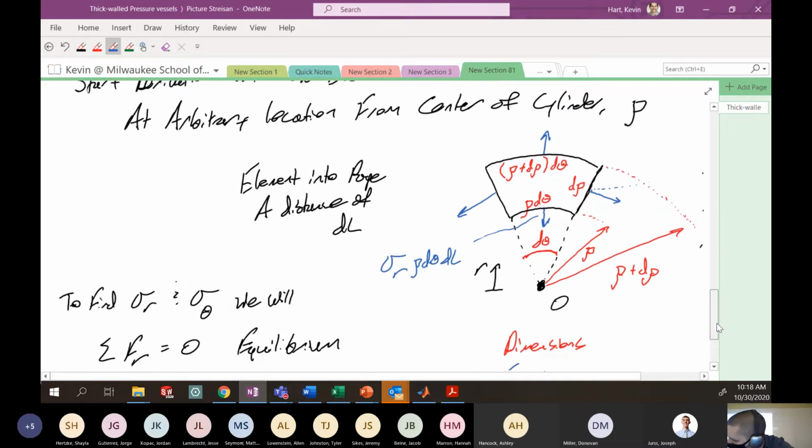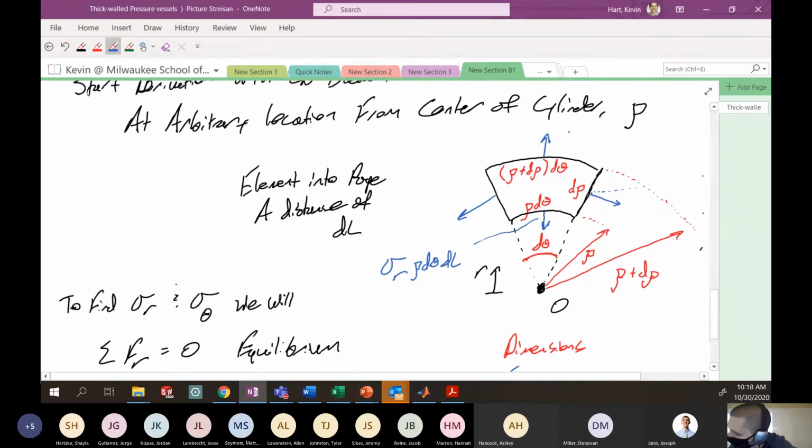I have a similar idea for the top side here. I've got this radial stress on the top, but I have an additional portion, d sigma r. That's the additional stress that I get from moving along the radial direction.